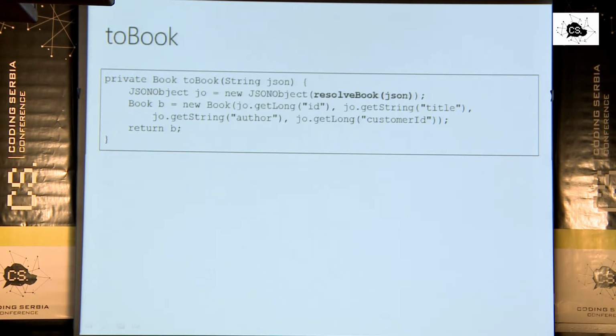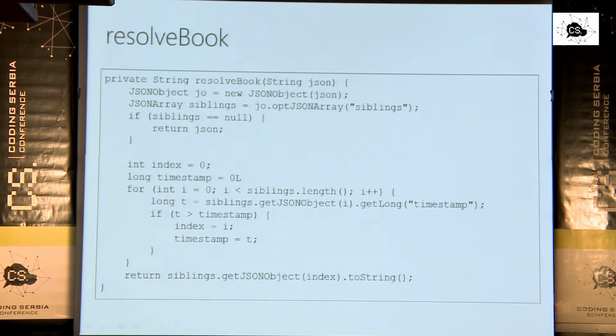And if we read it and convert the stuff, we have this additional thing in here, this resolve book in between. And the resolver isn't big magic, actually. What we're doing here is we look, is there a sibling in place?